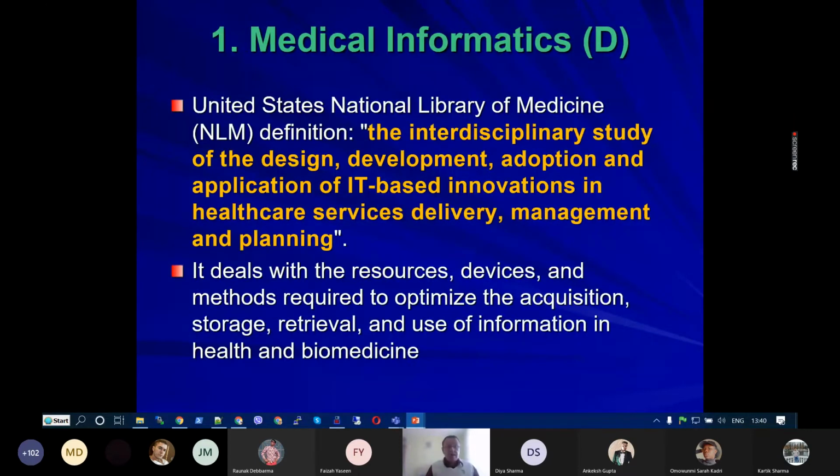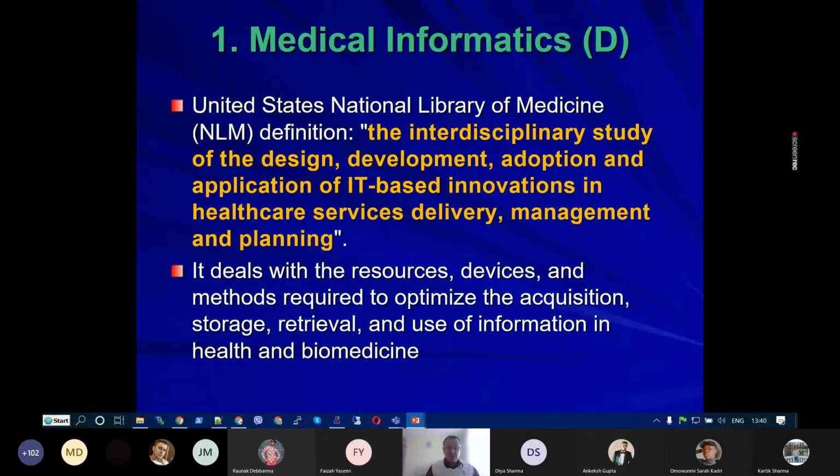Another definition which could be found on Medline, for example, describes medical informatics as the interdisciplinary study of the design, development, adoption, and application of information technology-based innovation in healthcare services delivery, management, and planning. So again, we have things about information technologies, and we have significant emphasis on organization management there.